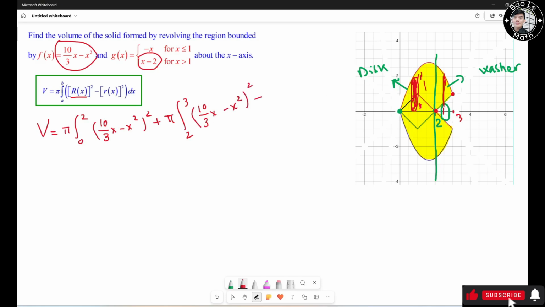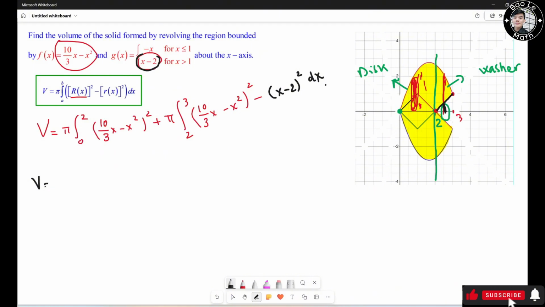Subtract the inner radius. The inner radius is this guy only, so it depends on the graph right here, which is s minus 2. So subtract s minus 2, all together squared, and don't forget ds. Alright, now go ahead and calculate this one.